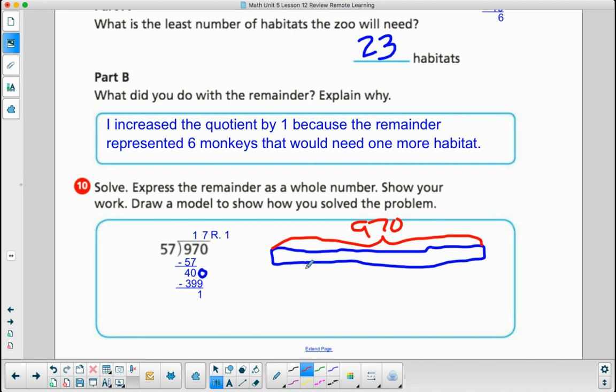That's getting put into groups of 57, and I want to know how many groups there are. Oops, that's supposed to be a 7. And I want to know how many groups there are.